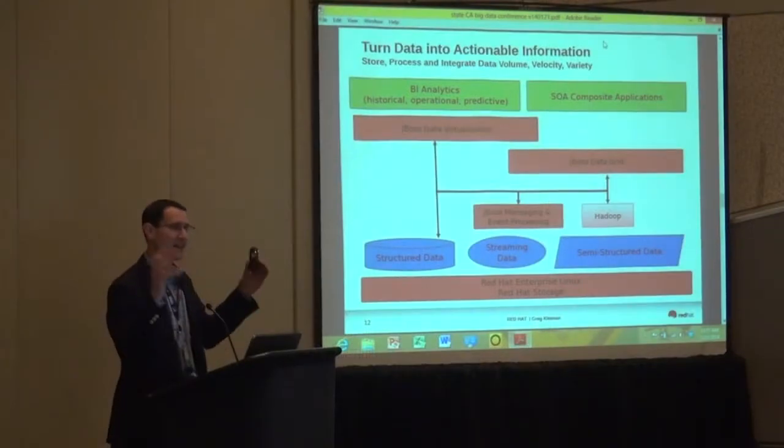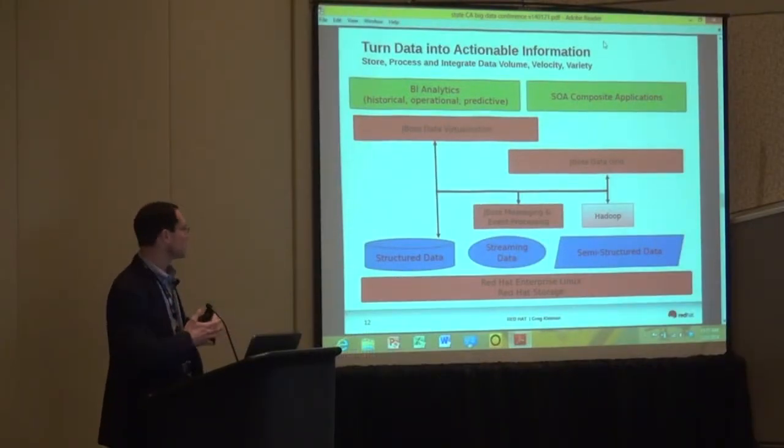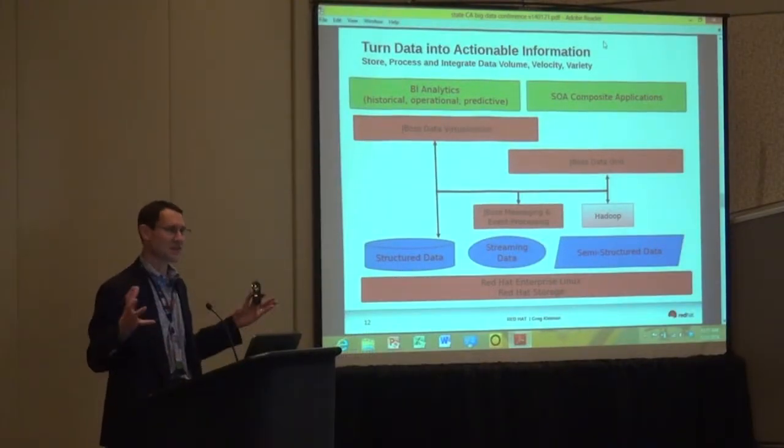So that's what JBoss Data Virtualization does. It takes lots of different things from all these different data sources, creates a common data model, and presents that up to applications and to analytics so that they can look across all their data, not just a single silo.